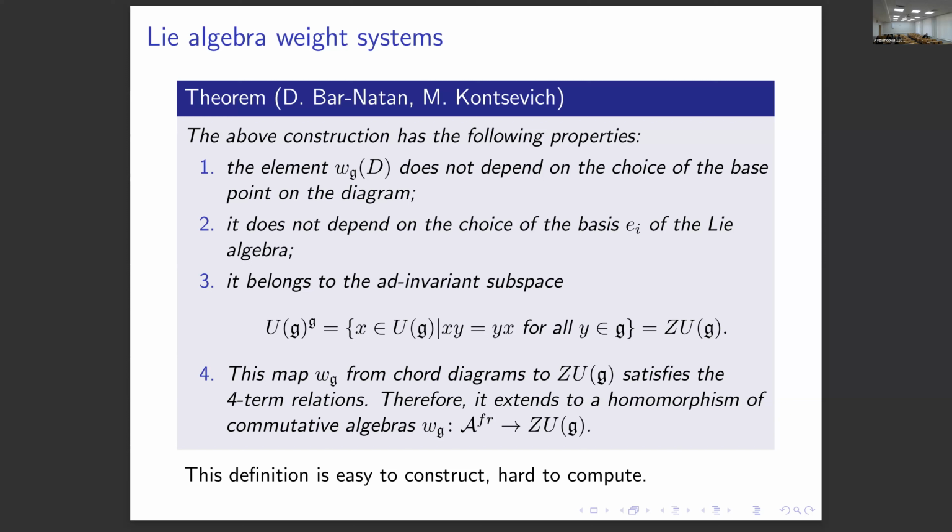So this definition is very simple. For an arbitrary Lie algebra, you pick a chord diagram, pick a base, pick a cut point, and you can get a construction. It's very easy to construct, but very hard to compute, because this element is in the universal enveloping algebra of the algebra, which is a non-commutative algebra.